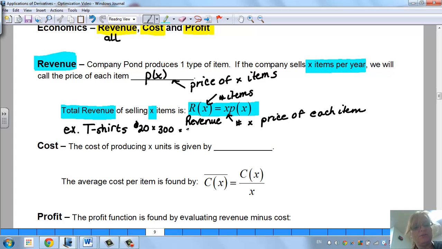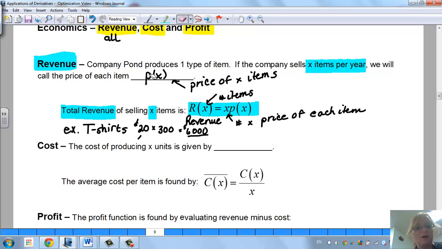Well, 3 times 2 is 6. I made $6,000 in revenue. That's not counting that I paid for the t-shirts or anything like that. It just means that I sold them for $20 each and I sold 300. That is the actual cash that I received. That's your revenue.